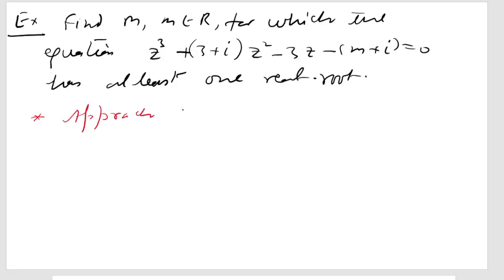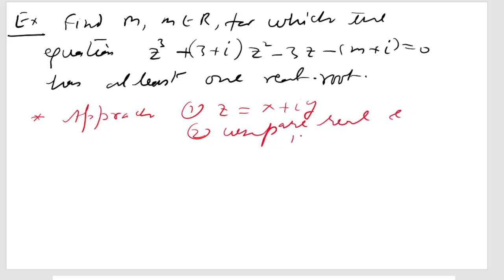We substitute z equal to, let's say, x plus iy, and then we compare the real and imaginary parts of the left hand side and right hand side. This is the approach to solve the problem.